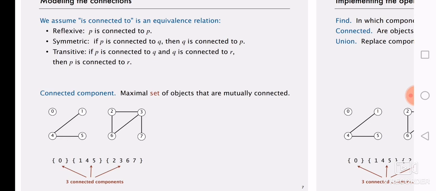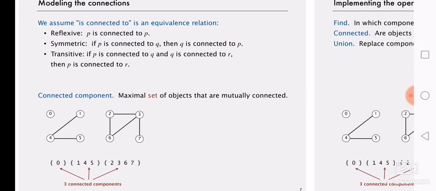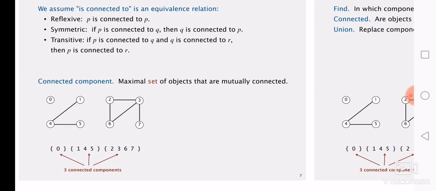Reflexive: P is connected to P. It's actually about discrete mathematics, and I don't think that's so important, but let's consider symmetric: if P is connected to Q, then Q is connected to P. For instance, if 1 is connected to 4, then 4 is connected to 1. So it's bidirectional. And transitive: if P is connected to Q and Q is connected to R, then P is connected to R. For instance, if 1 is connected to 4 and 4 is connected to 5, then 1 is connected to 5.